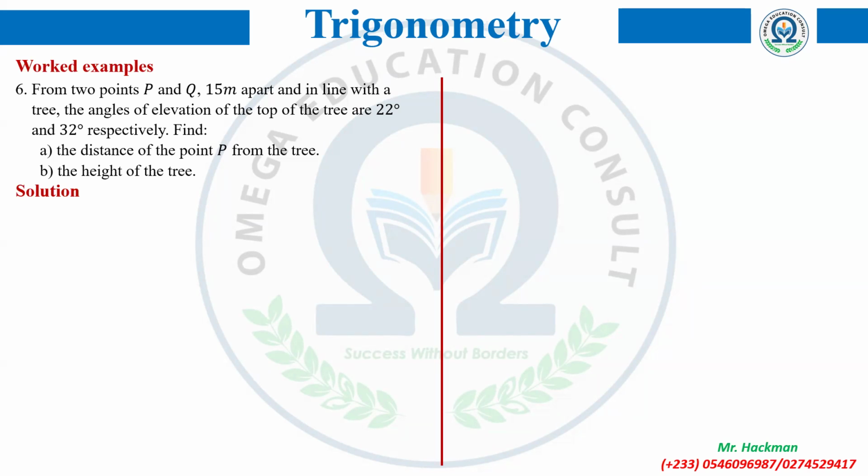What you are able to visualize, put it into diagram form and send it to me on the class page. Please take note, on the class page, not on your private page. So I'm going to pause and give you that opportunity. From your submissions, I will need that to carry out my explanation.